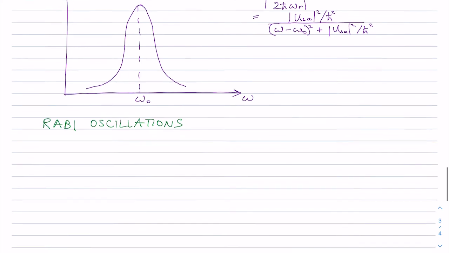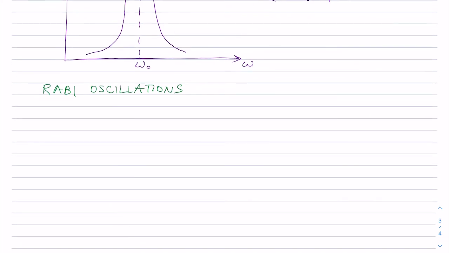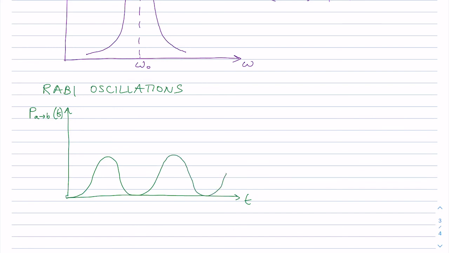If we look at the probability of going from A to B as a function of time, it looks something like this, where the probability is proportional to sine squared omega r t.